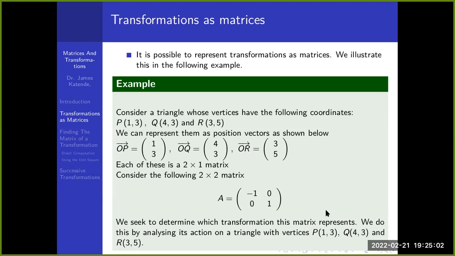So I don't know if everyone has had a good look at this. This is what we want to solve. What we're going to do is simply pre-multiply each of these vectors by this matrix, and the resulting position vector will be the position vector of the image.